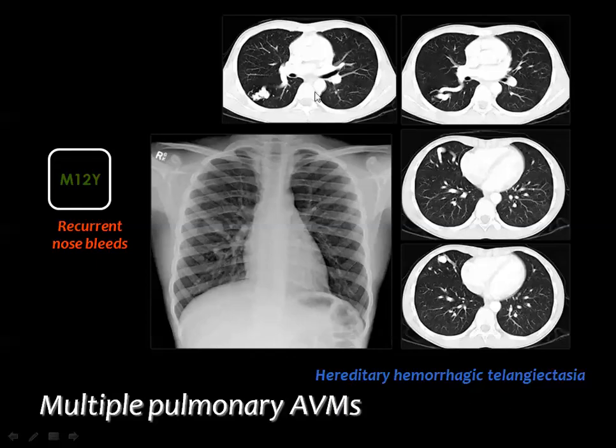If you look here in the chest X-ray first, you can see a nodule in the right lung, and this nodule is connected to the hilum by what looks like a dilated vessel. The CT scan showed the nodule in the right lung connected by a prominent vessel to the hilum. It's very important to know that you may be able to see only one of the two cords going to the nodule, and this is enough for the diagnosis.